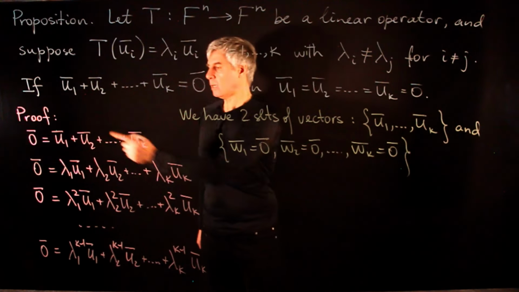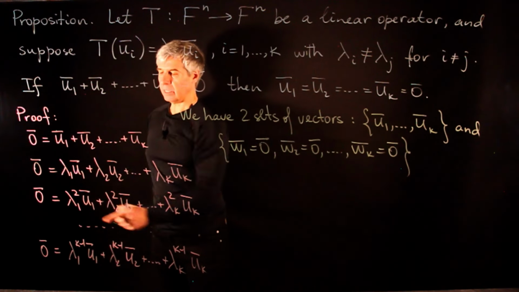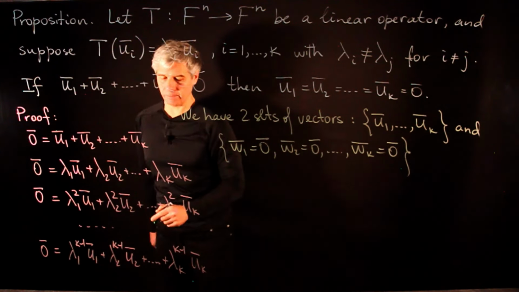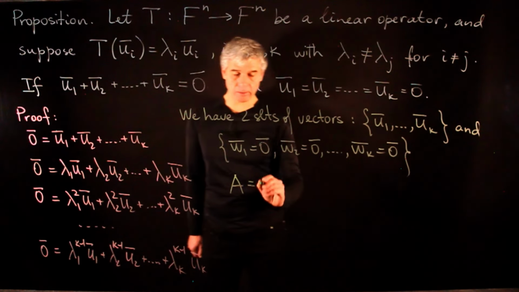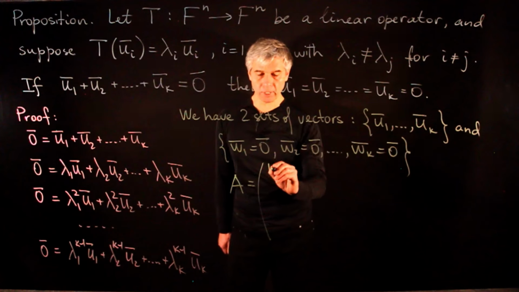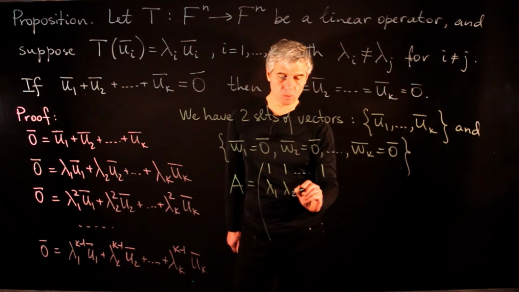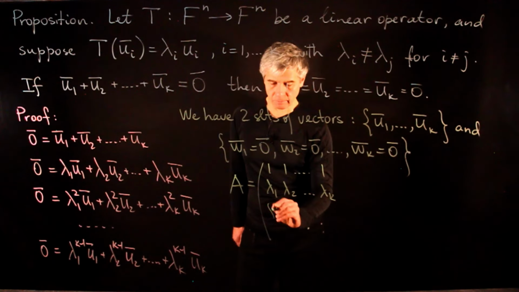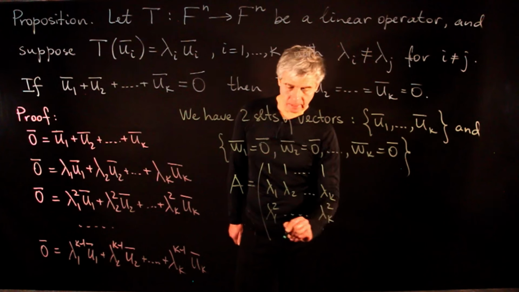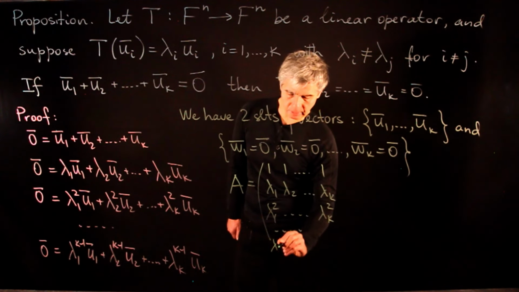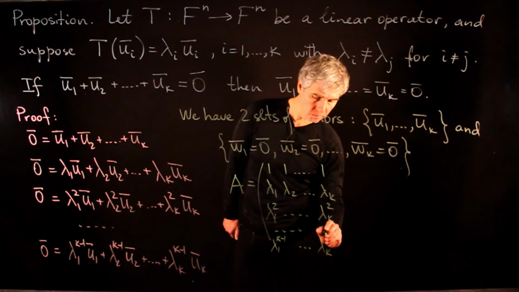And here we expressed wj's as linear combinations of ui's. And what is the matrix that connects these two sets of vectors? Well, the first row of coefficients is all ones. The second row is lambda 1, lambda 2, lambda k. The third row is lambda 1 squared up to lambda k squared. And the last row is lambda 1 to the k minus 1 up to lambda k to the k minus 1.